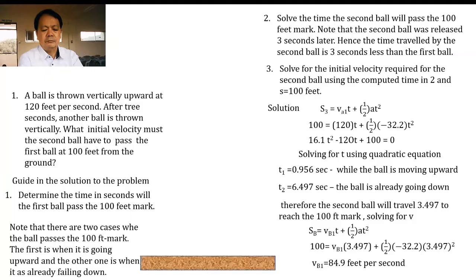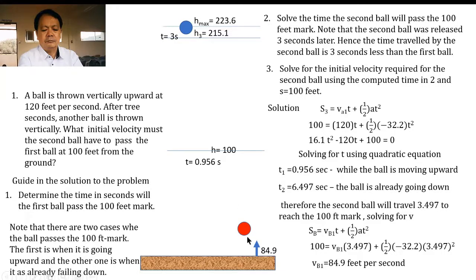So para maunawaan natin mabuti, let us again go back to the animation that we have. Pakita ulit natin siya at ito yung mangyayari. Ito yung bola, nirelease siya after 0.956 seconds. Ito yung 0.956 seconds na nakuha natin. Na-reach na niya yung 100 foot mark. Then tuloy-tuloy ang release niya. After 3 seconds, na-reach na niya yung height na 215. Pero bago pa lamang sisimulang ma-release yung second ball. Kaya nang in-release yung second ball, narating niya ngayon yung maximum height.